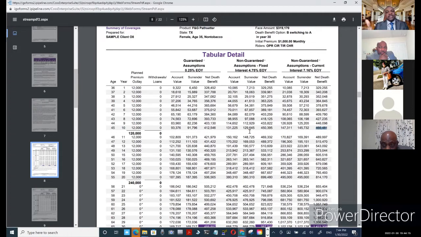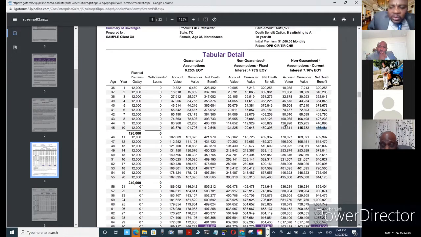I always like to ask them, if you were to invest this same amount of 120,000 within a space of 10 years, by putting in, let's say, 1,000 every month into your 401k, it would have grown to almost the same amount because they both have the same growth rate. But now the tax factor: Uncle Sam is going to tax you based on what you're making. 120 or 145, $147,000 is bringing you almost close to the 30% tax bracket.